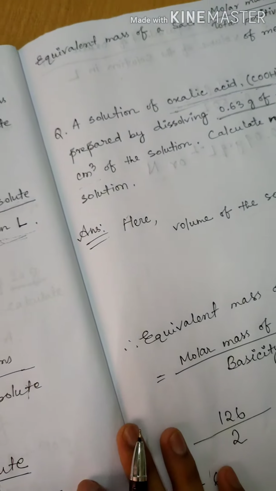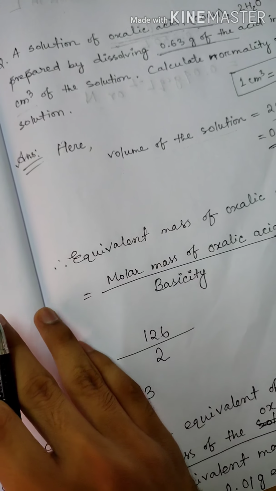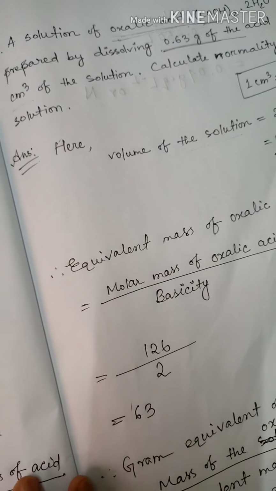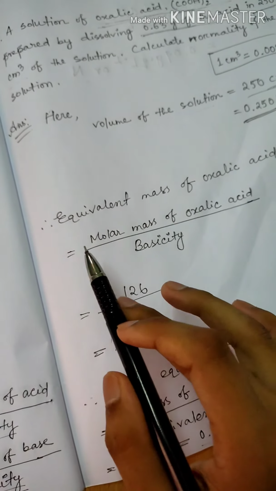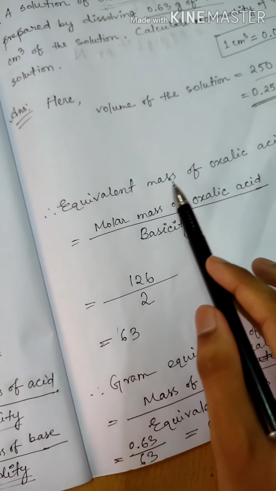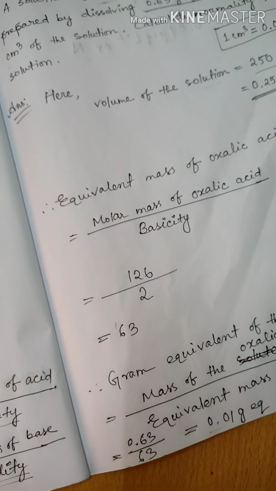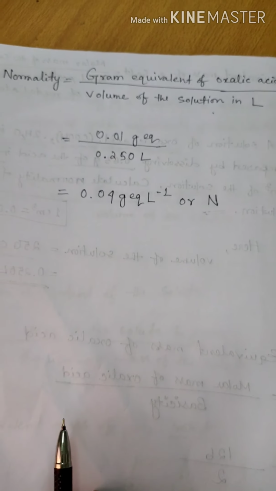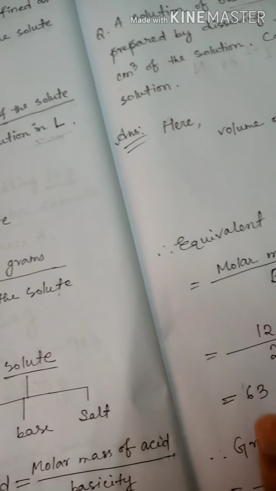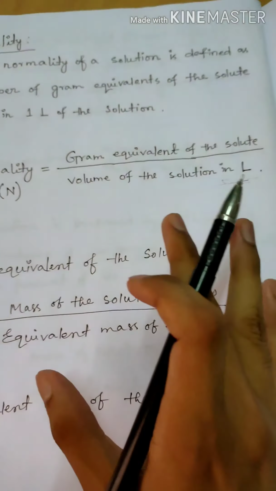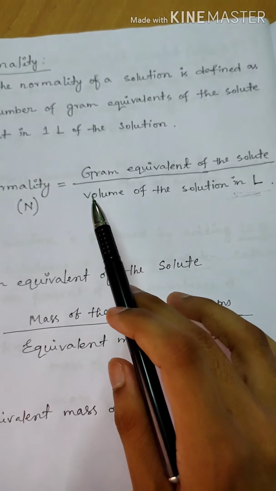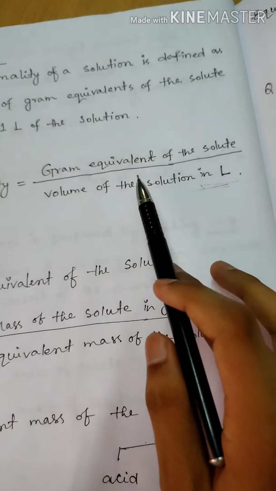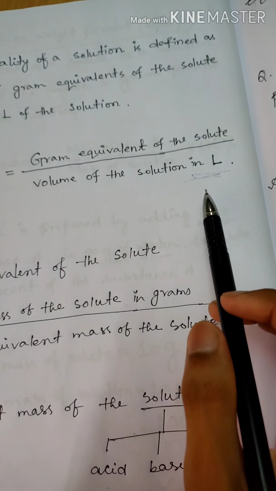Now here one question may arise. Why do we first calculate the equivalent mass of oxalic acid? Why did we not first calculate the normality of the solution? The answer is, because the formula for finding normality is the gram equivalent of the solute divided by the volume of the solution in liter.